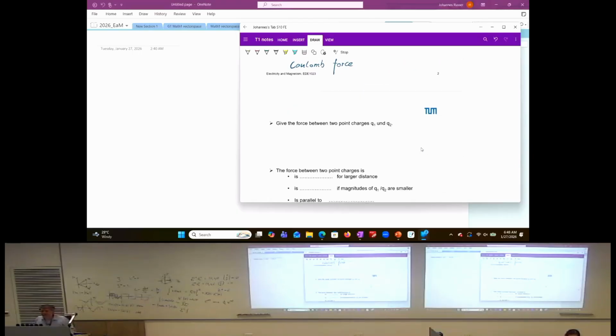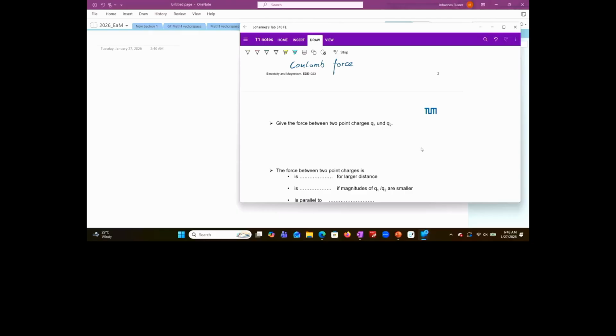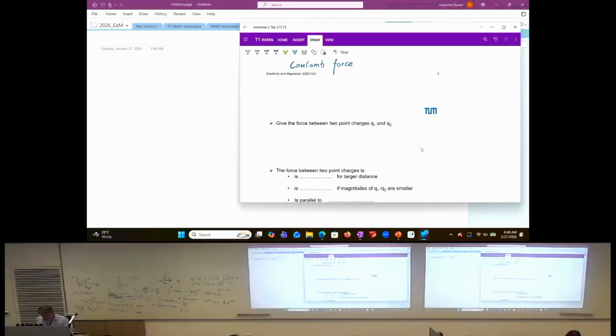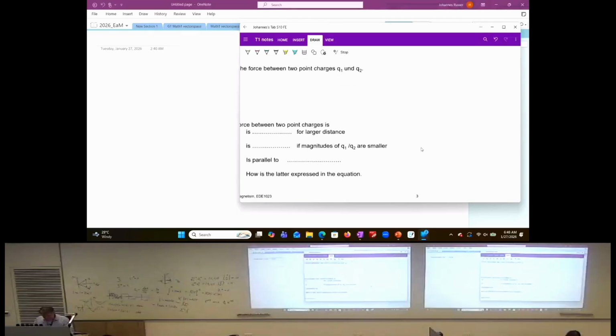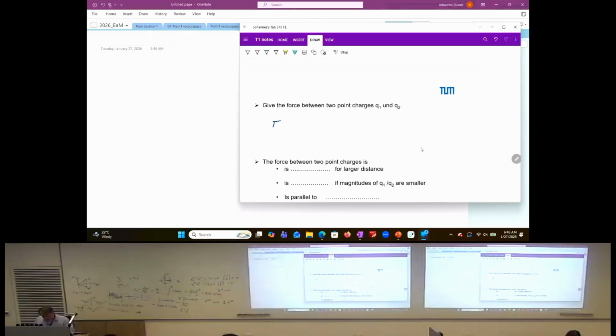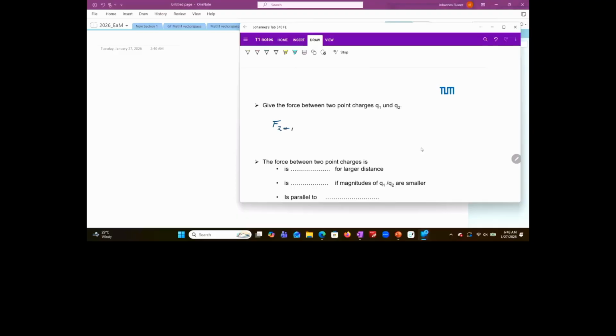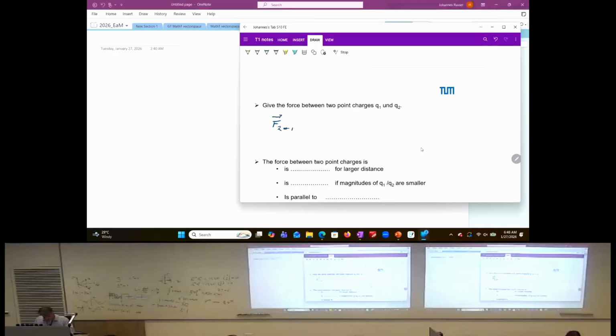Okay, can you give the equation for that force? So it is the force acting on charge 2 due to charge 1, F21, and it is opposed to the other force that is acting on charge 1 due to charge 2.